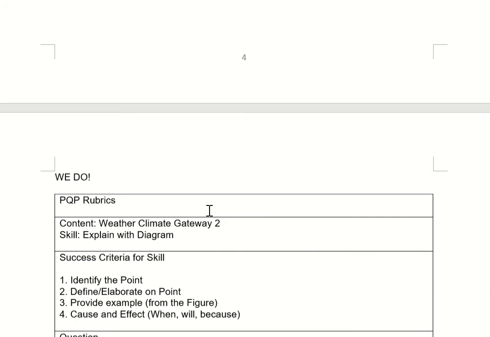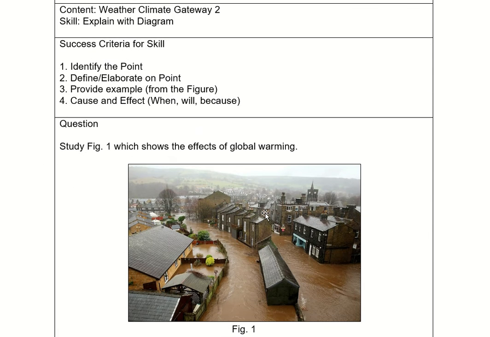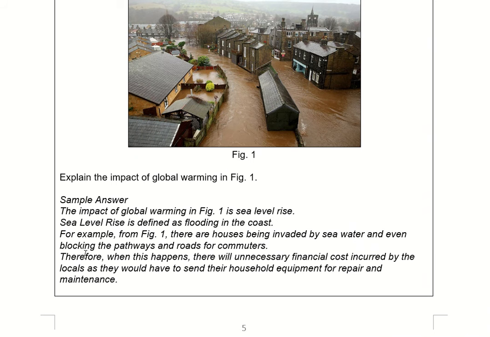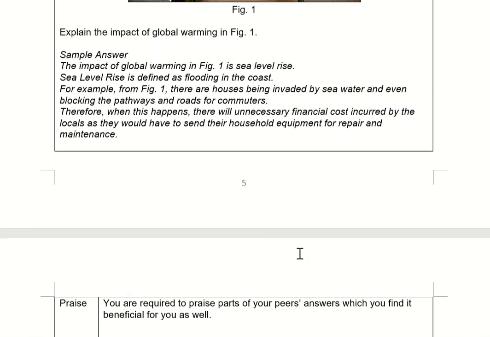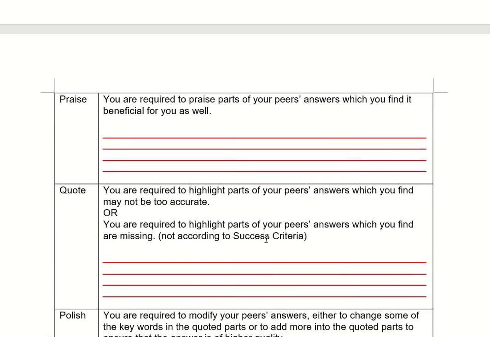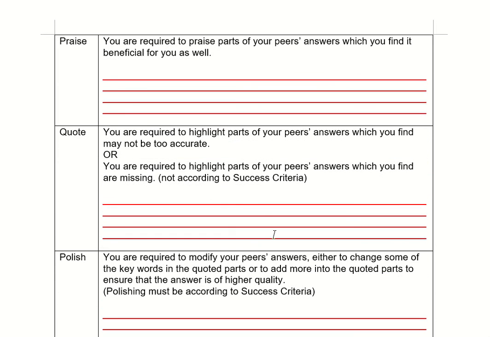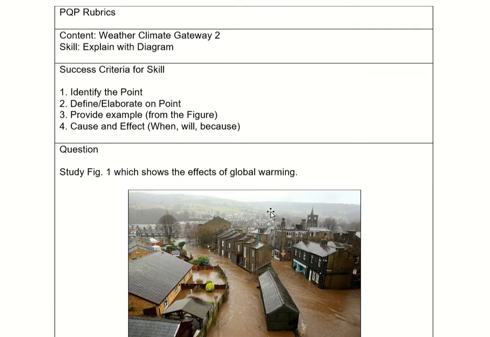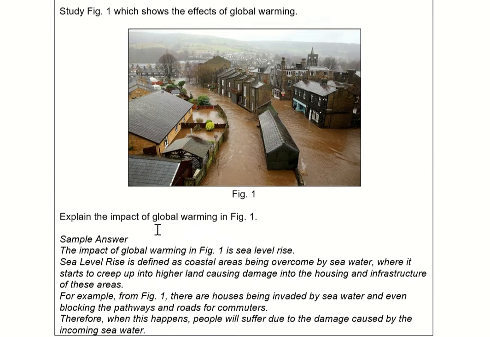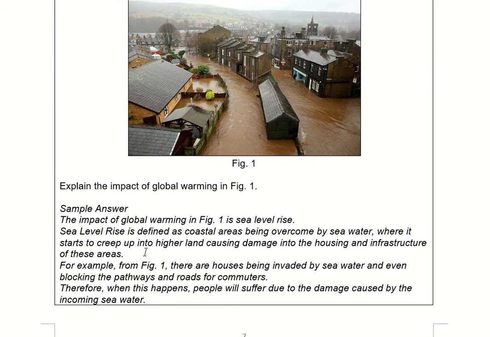Then I use the same question but a different sample answer. Now the problem is the elaboration. Flooding in coast, so the elaboration is not enough. Because this is we do, we will do it together in class. And then last but not least, you do: same question, but a different sample answer.